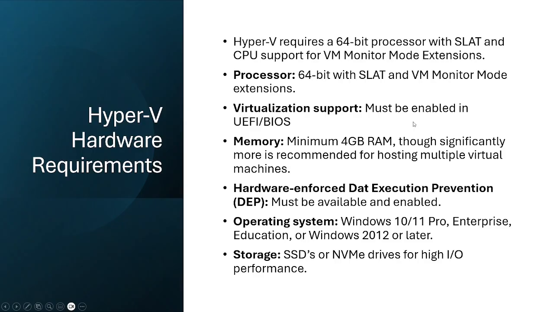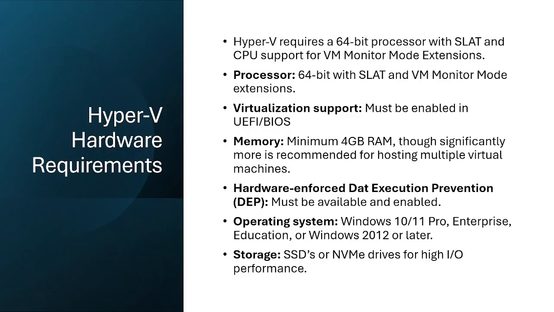There are some basic prerequisites required at the hardware level for Hyper-V to run. Microsoft Hyper-V supports a 64-bit processor with SLAT and CPU support for VM monitor mode extensions. The virtualization support must be enabled in the UEFI or the BIOS of the host machine.